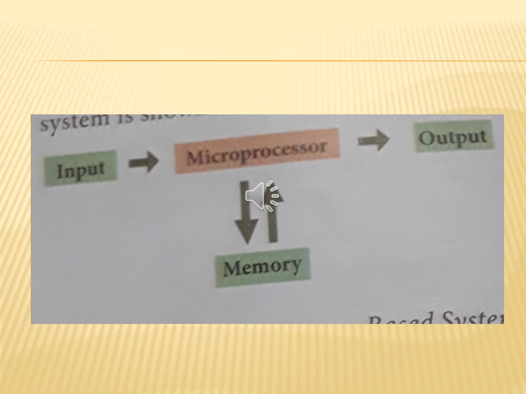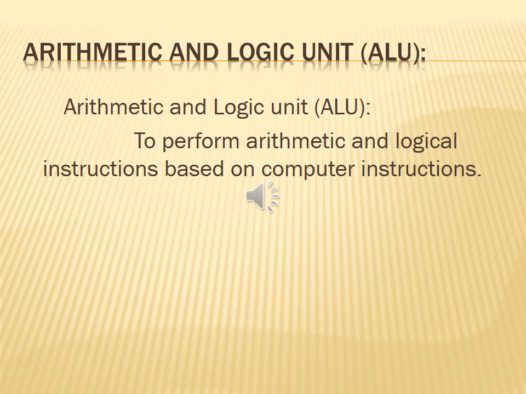The microprocessor is made up of three main units: the arithmetic and logic unit, the control unit, and the register or internal memory. Okay, have you written all of this?